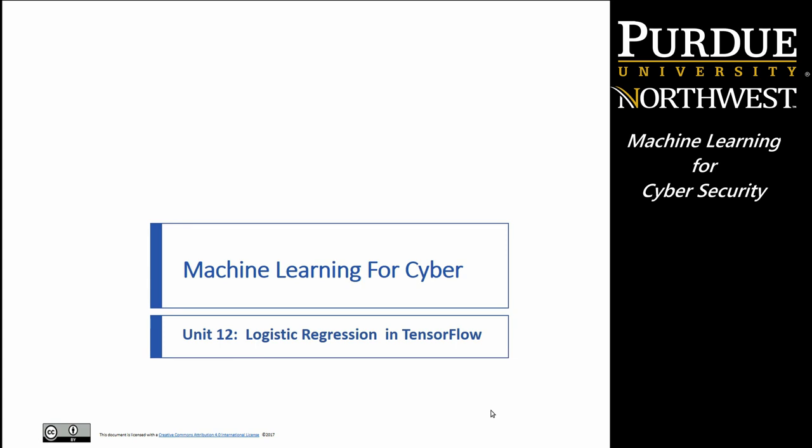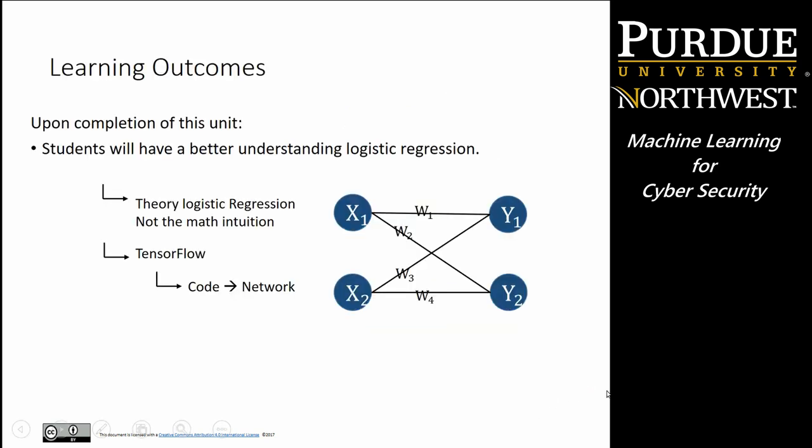All right, a little bit more of the intuition, if you will. Okay, so the learning outcomes here, a little bit more on the theory of logistic regression. So not the math intuition, but just intuition in general, let's say, and a little bit of aspects of the code.